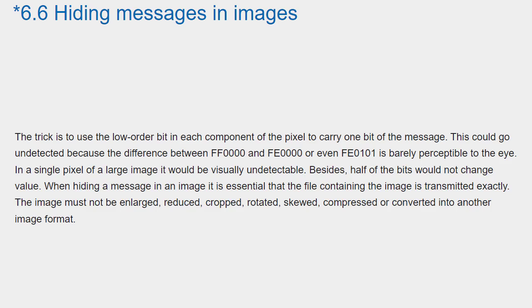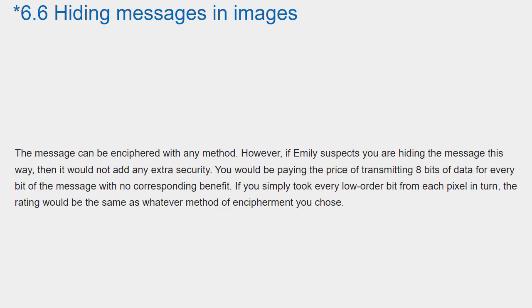When hiding a message in an image, it is essential that the file containing the image is transmitted exactly. The image must not be enlarged, reduced, cropped, rotated, skewed, compressed, or converted into another image format. The message can be enciphered with any method.